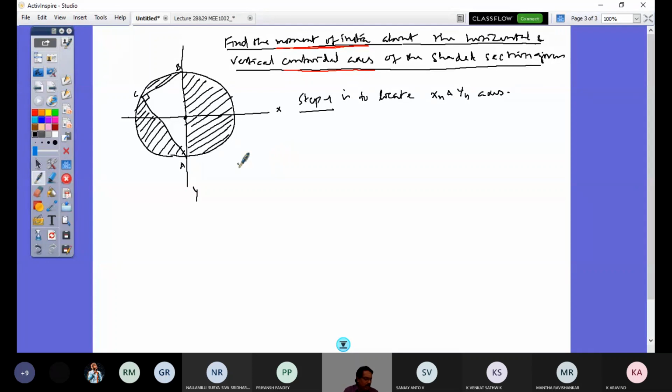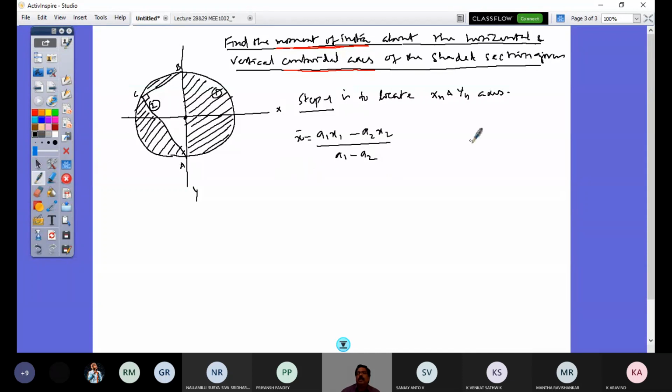So let me describe my first area as this circle area, and second area as this subtracted area. So my x bar would be a1 x1 minus a2 x2 by a1 minus a2, right? So that is coming from the first moment principle.